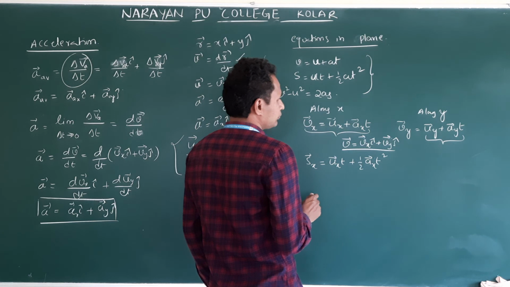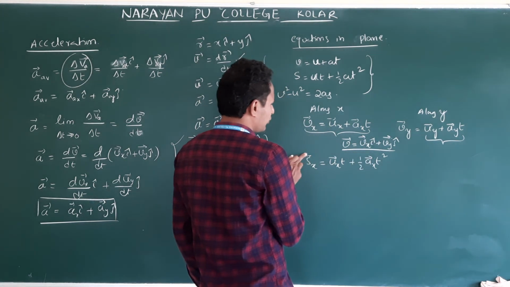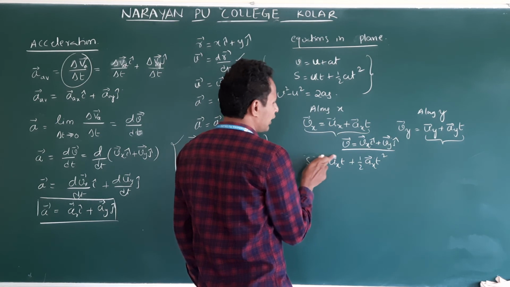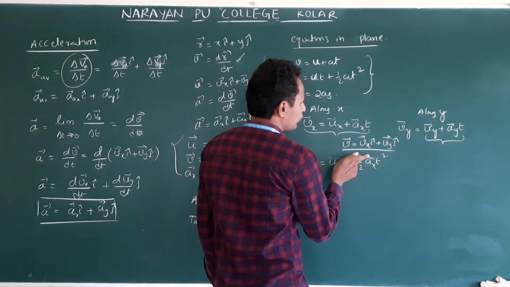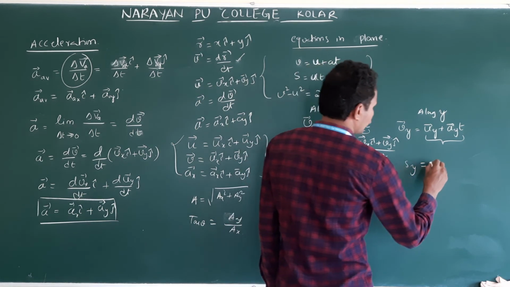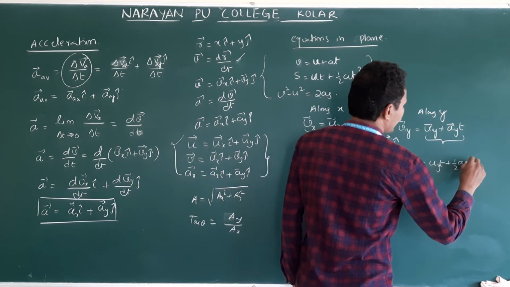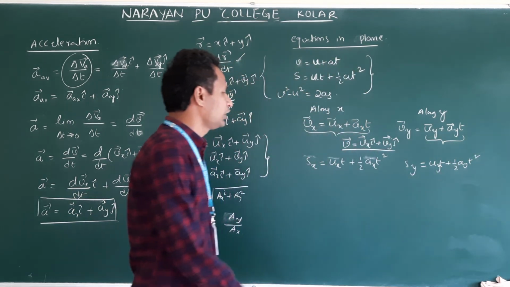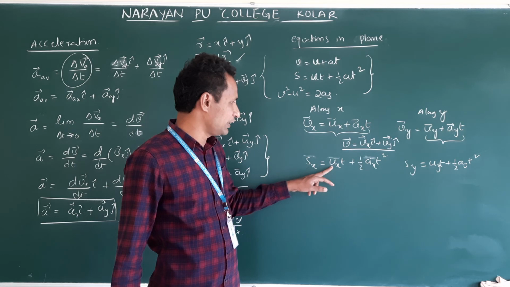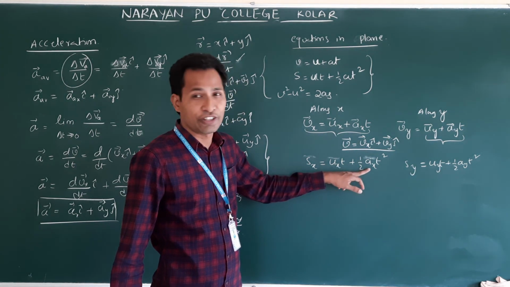Now this is sy. Sy is equal to uy t plus half ay t square.